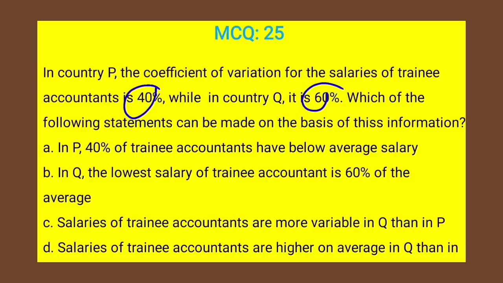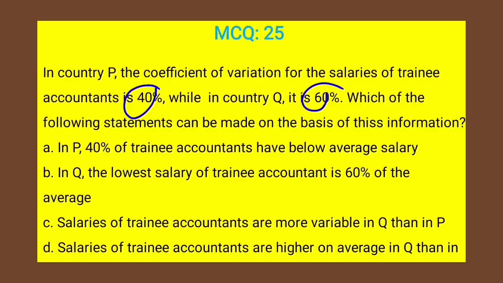So we are going to go by option C, which says that salaries of trainee accountants are more variable in Q, that is 60%, than in P. So that is the coefficient of variation. It helps us to know whether the standard deviation is further away from the mean or close to the mean.